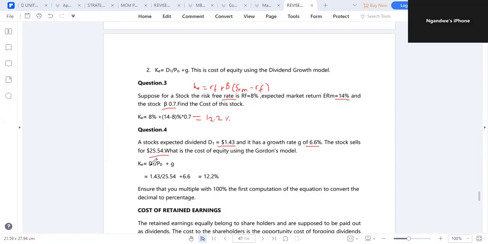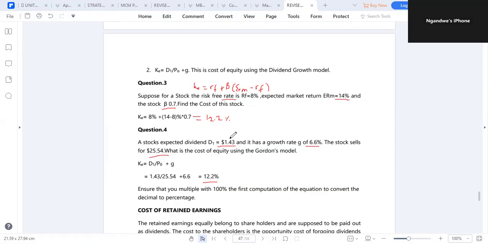So D1 there, you put here 1.40 over the current price of stock, which is 25.54, plus the percentage, which is 6.6%. We're still getting what? 12.2% on both of them. So this is how we calculate the cost of equity using any of these models.